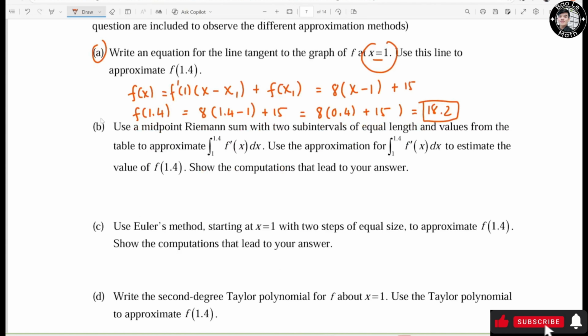Now question B. Use a midpoint Riemann sum with two subintervals of equal length and values from the table to approximate the integral right here. Use the approximation for this to estimate the value of f of 1.4. So the integral from 1 to 1.4 of f prime of s ds using the midpoint formula.